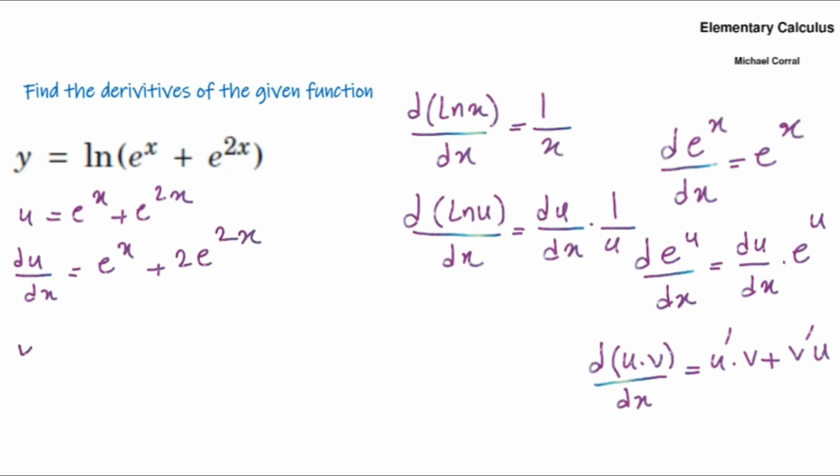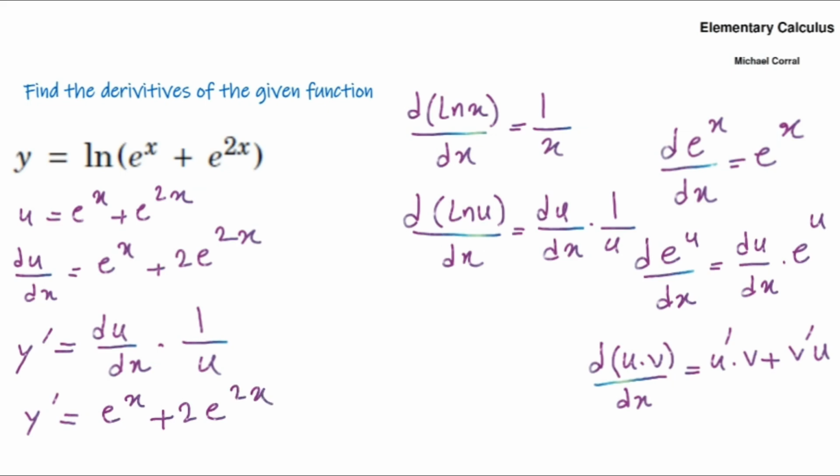So y prime equals the derivative of u times 1 over u. So y prime equals e to the power of x plus 2 times e to the power of 2x over u, which equals e to the power of x plus e to the power of 2x.